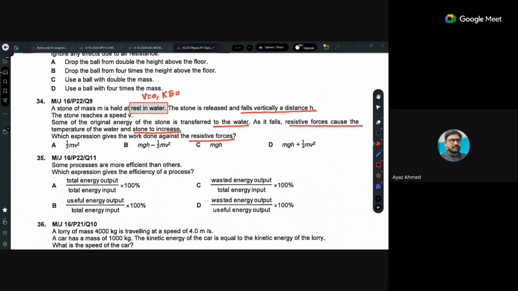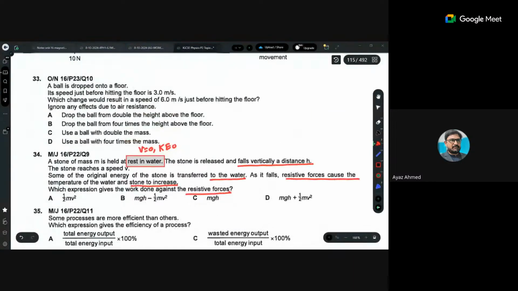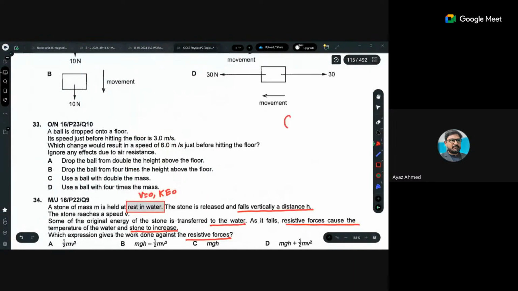What a question. Now I will make the concept clear. This is the stone. It was at the surface of the water.